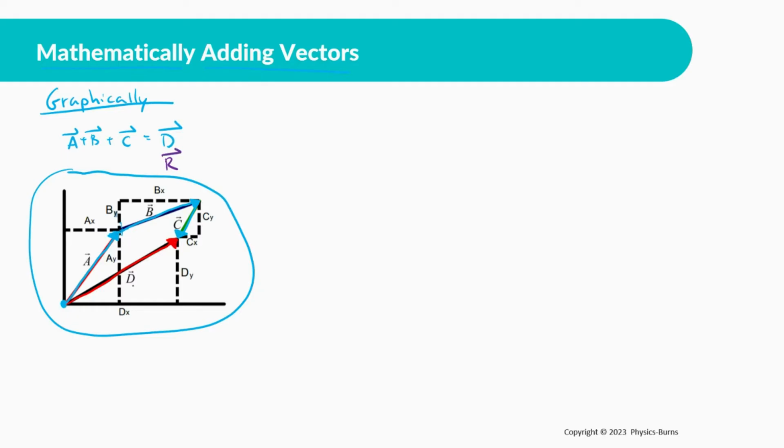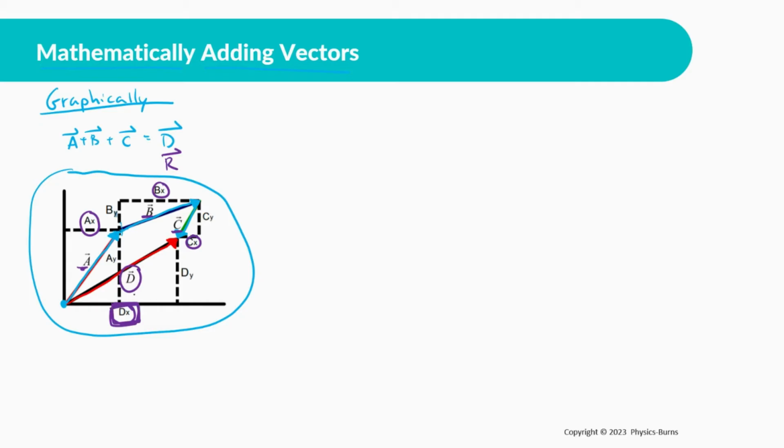And what it's saying is that the resultant vector in the x direction is a combination of what A is in the x direction plus what B is in the x direction plus what C is in the x direction. When you add all of those up, that gives us the resultant vector in the x direction.